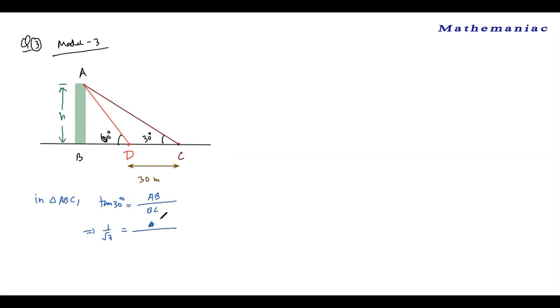Actually, AB is to be found, so we'll write H. Okay, BC is directly not possible. But BC, if you look at the figure, it is BD plus DC. So what you will get here is 1 by root 3 equals H divided by BD plus DC, value is how much? It is 30.